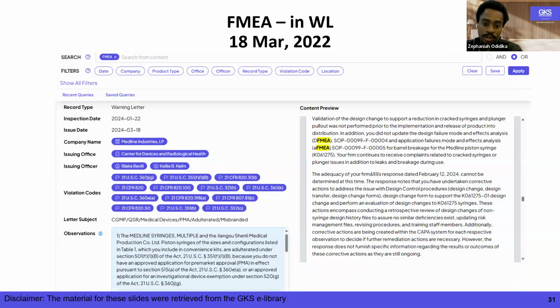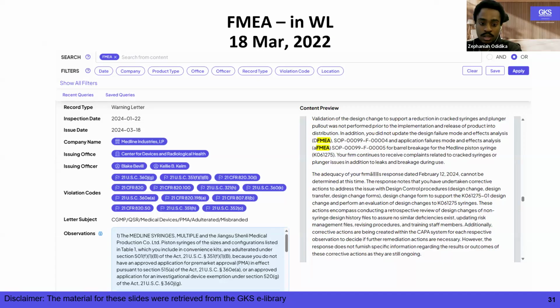So here we have a real world example of a warning letter from March 2022. This highlights consequences of neglecting FMEA updates. In this case, Medellin Industries, they make design changes without revisiting their DFMEA and AFMEA, leading to reoccurring syringe failures and customer complaints.